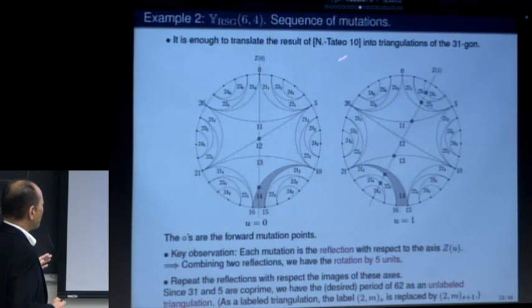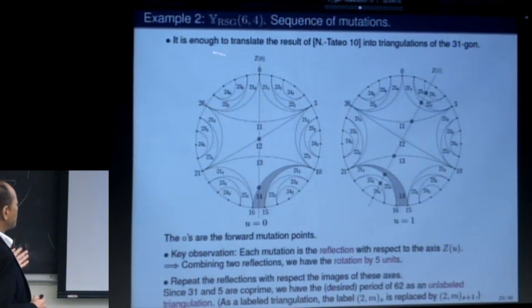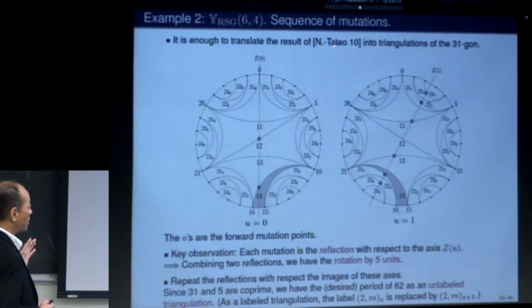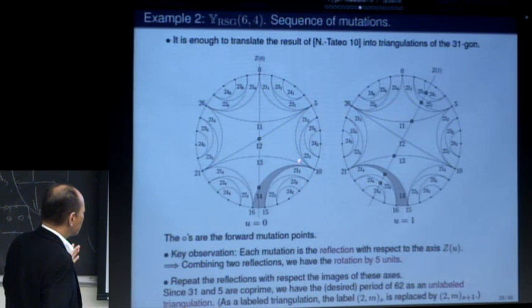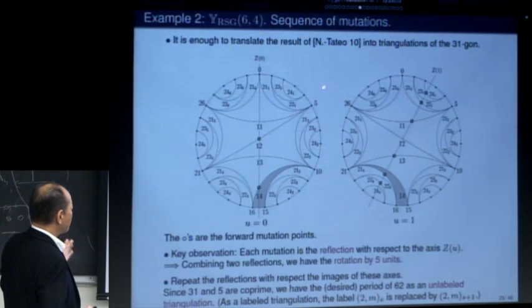Now, since this system was already solved by Tateo and myself in the quiver language, what we need to do is just translate this quiver result into the triangulation of the 31-gon. And having that, I found a very surprising fact.